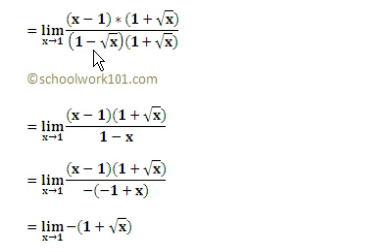If you've forgotten how to multiply, you would take 1 times 1, and you'd get 1 squared, which is just 1, and then 1 times the square root of x, and then the negative square root of x times 1. Now those two terms will cancel out.